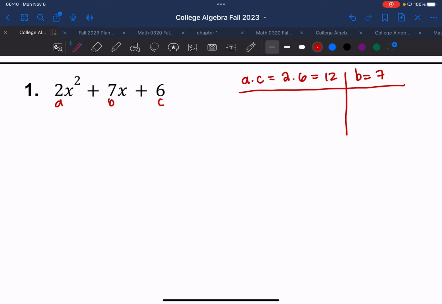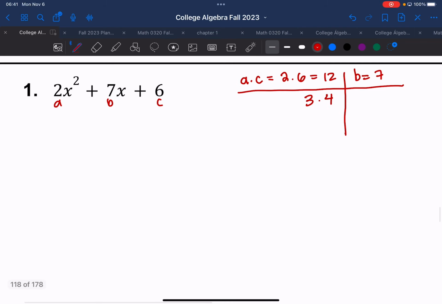So now I need 2 numbers that multiply to 12, but add to 7. What would those 2 numbers be? 3 and 4. 3 times 4 multiplies to 12 and also adds to 7. So instead of writing our B value of 7x, we are going to split the 7x into 3x plus 4x.